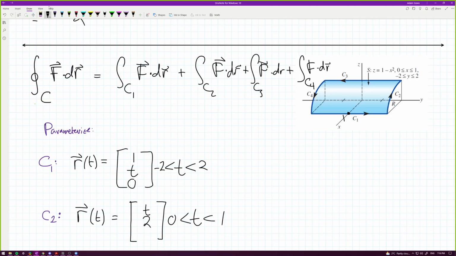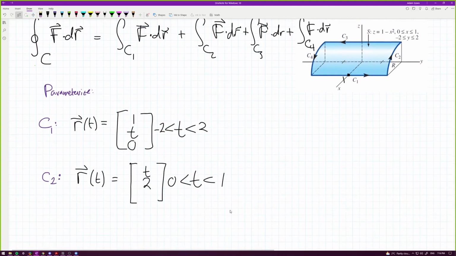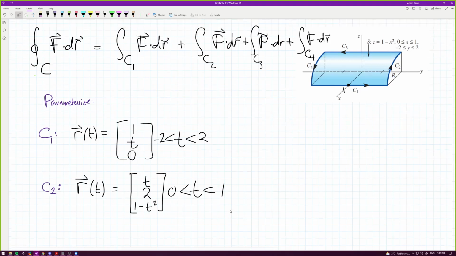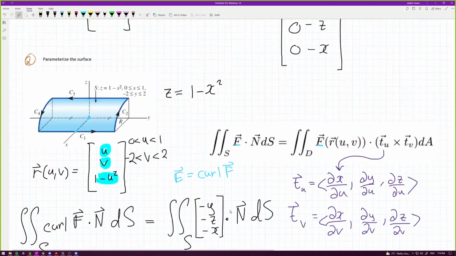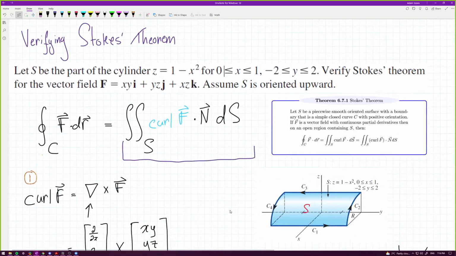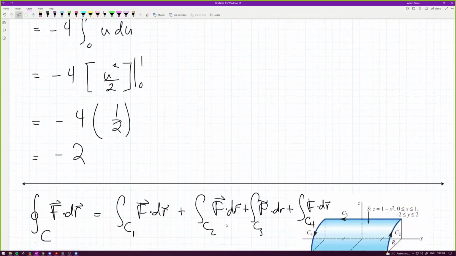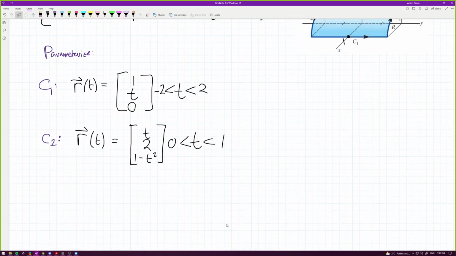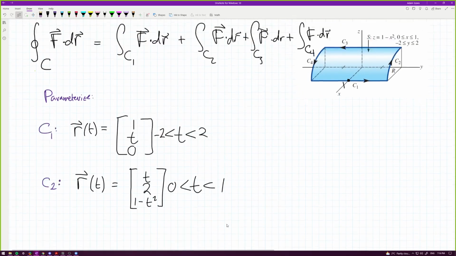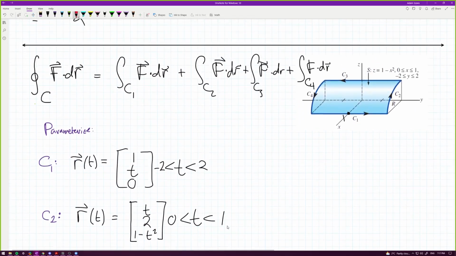Then our z value is just 1 minus t squared, because our surface was z equals 1 minus x squared. And the thing to note here is that this parameterization is oriented the wrong way.